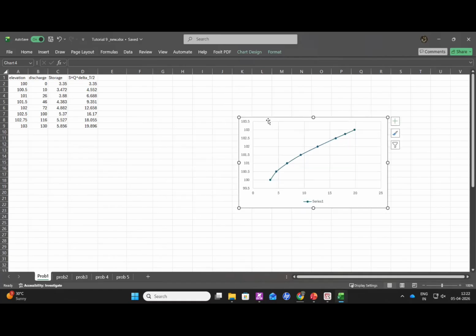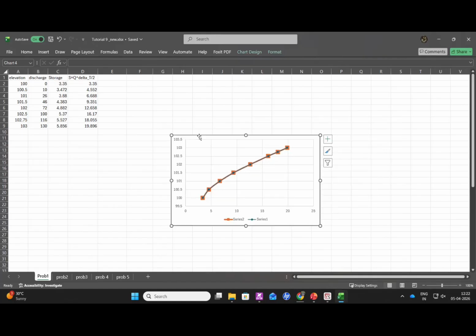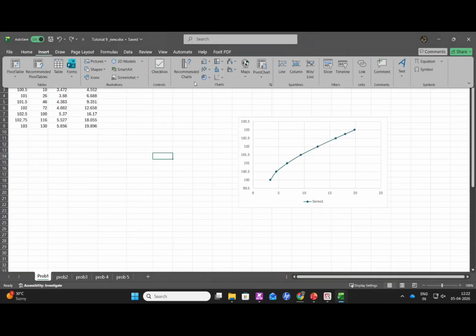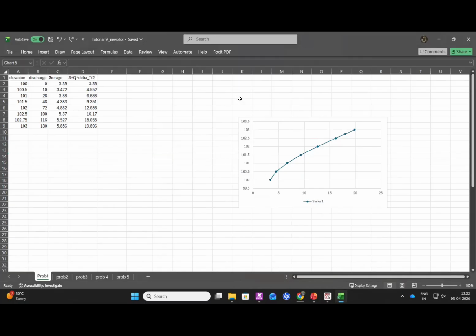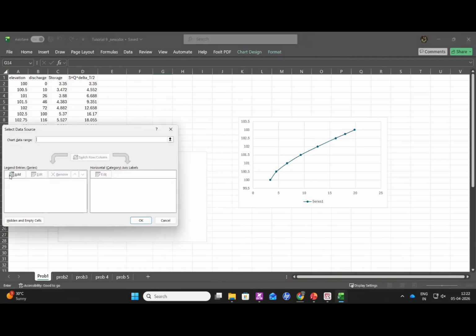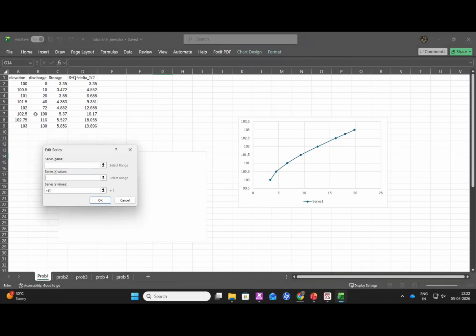And the second plot that we need is, let's say, b. On the x-axis again, earlier it was s plus q delta t divided by 2. Now it's q, that is discharge, that we will put on the x-axis.